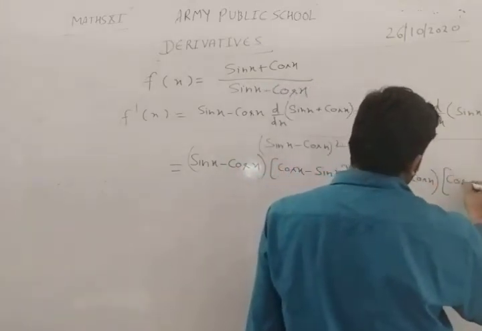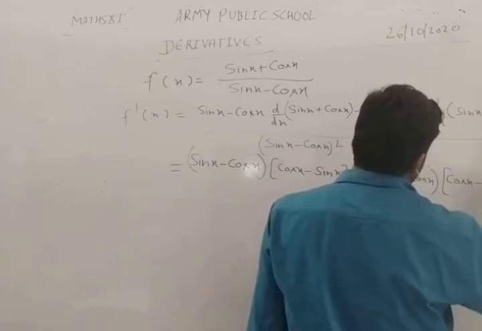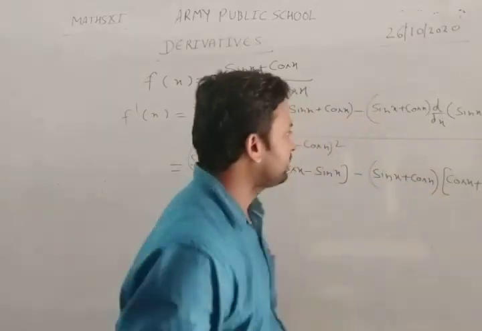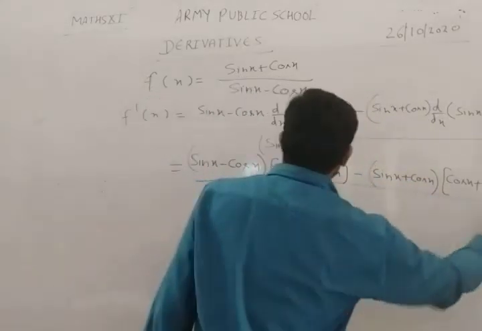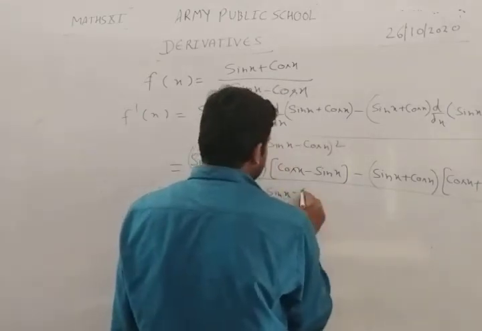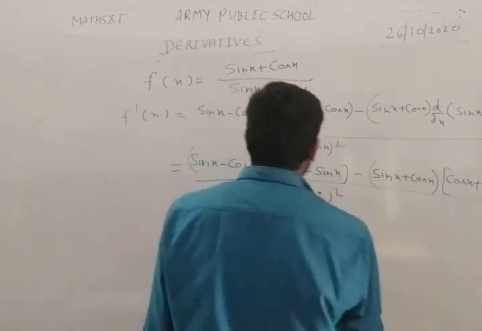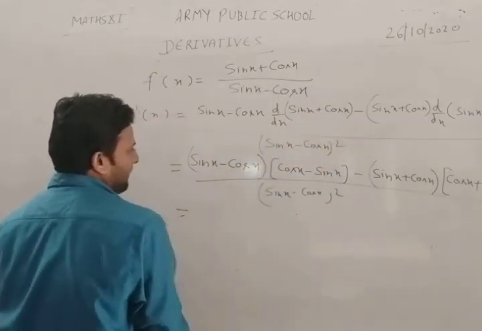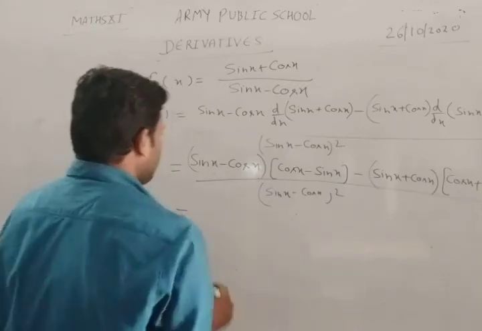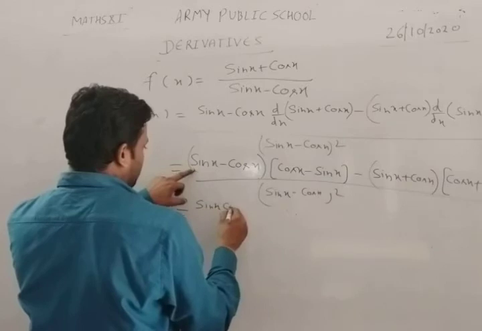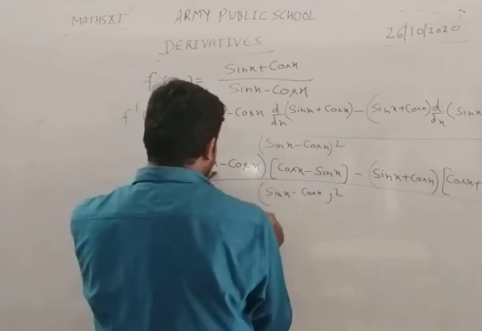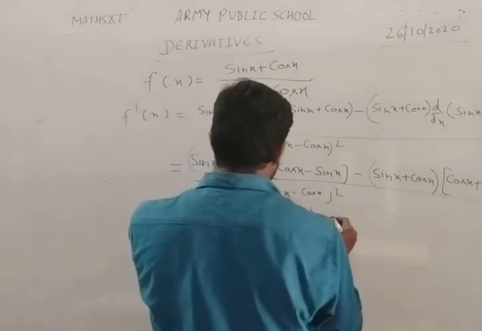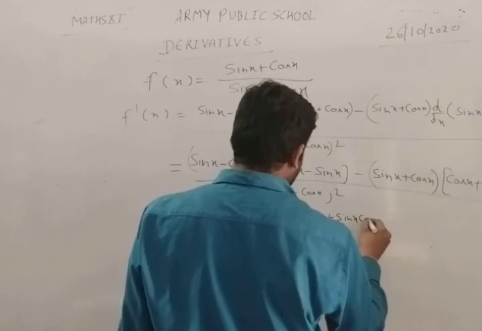Differentiation of sin x is cos x, minus sin x, and minus minus plus. Now divided by sin x minus cos x whole square. Now here we multiply this, we get sin x cos x minus sin square x minus cos square x plus sin x cos x.